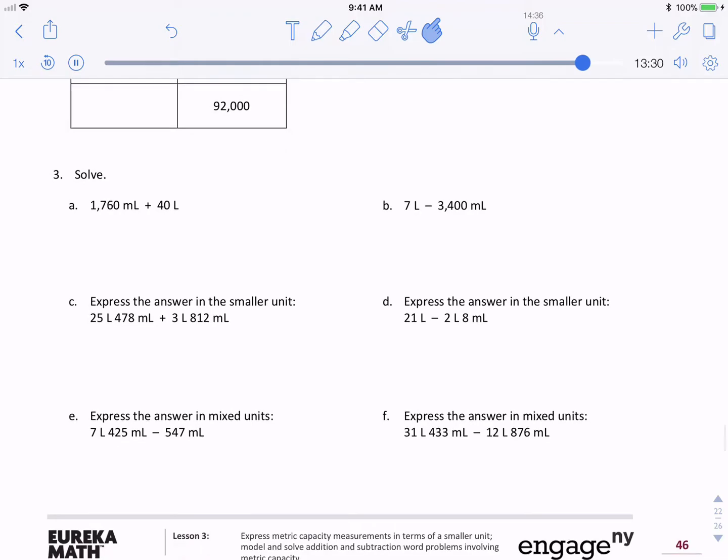Now, on 3B, I have 7 liters minus 3,400 milliliters. Well, I'm subtracting 2 different units.